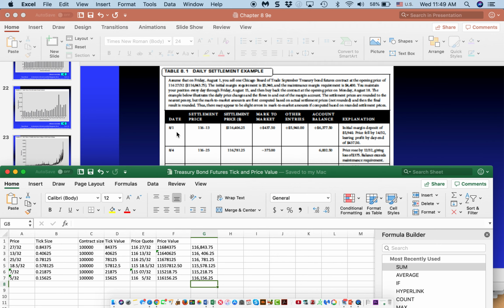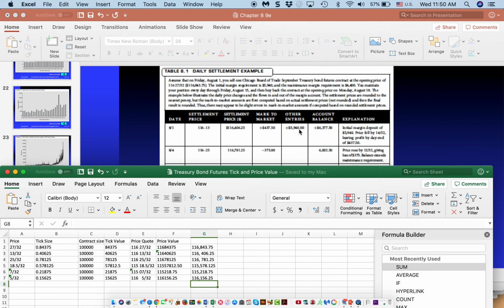So let's look at the first day. In that day, we see it became 116-13/32, which is in here. When you calculate this, it becomes 116,406.25. So these two numbers, 116,843.75 and this one, the difference, because you are on the short side, is 437.50.